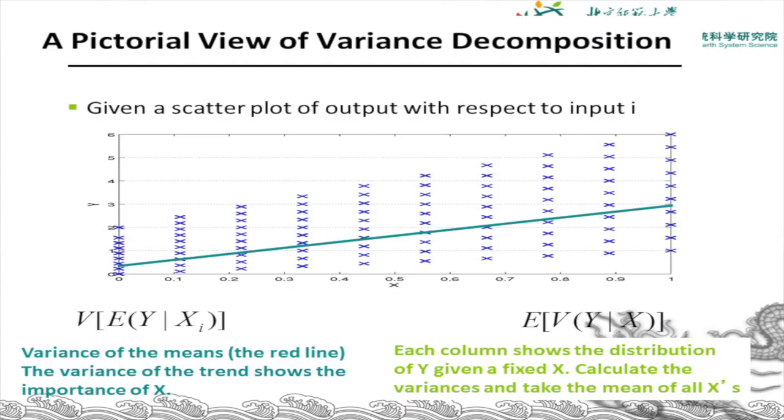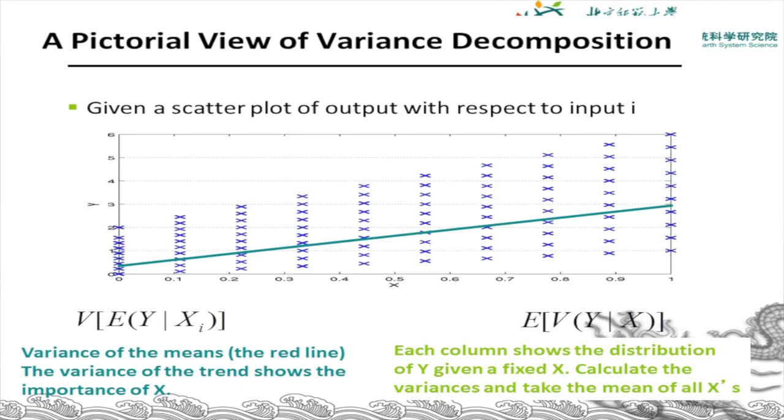Let me just explain how this works. Suppose this is the kind of experiment you can have: given x equal to 0, to 0.1, and all the way to 1, you do many different experiments. What this term is, is the expected value given x equal to 0, 0.1, and so on, so this is the expected value.